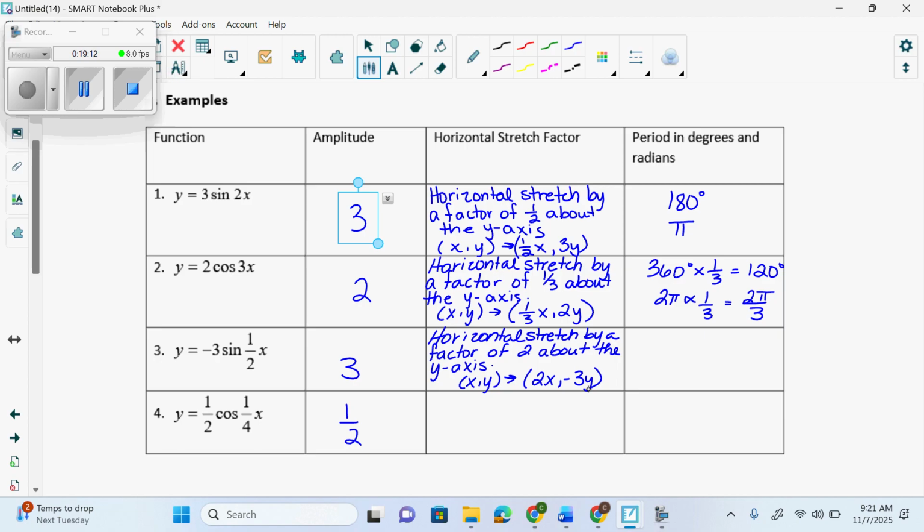All right. We're going to get 360 degrees times 2 is 720 degrees, or 2 pi times 2, which is 4 pi.